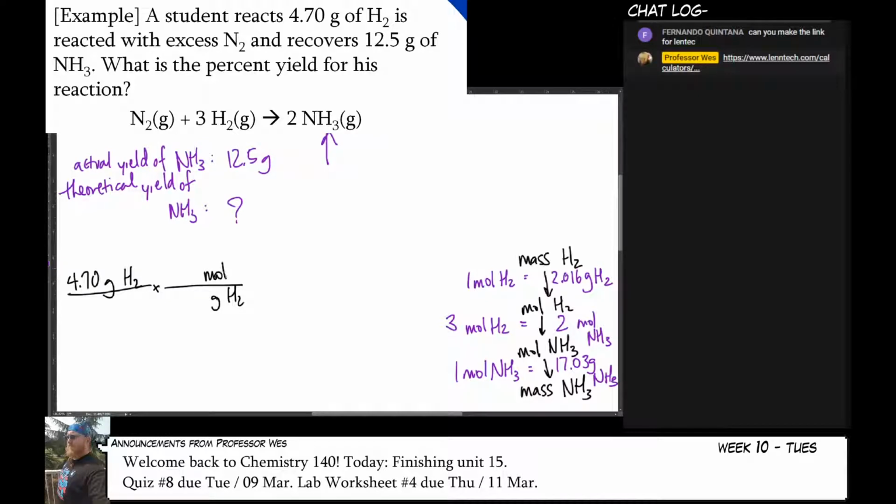All right, we're going to do our dimensional analysis here. I'm going to convert grams of hydrogen into moles of hydrogen. Just like our chart says, we're just going to follow the chart here. Then we'll turn moles of H2 into moles of ammonia. And then finally, we'll turn moles of ammonia into grams of ammonia.